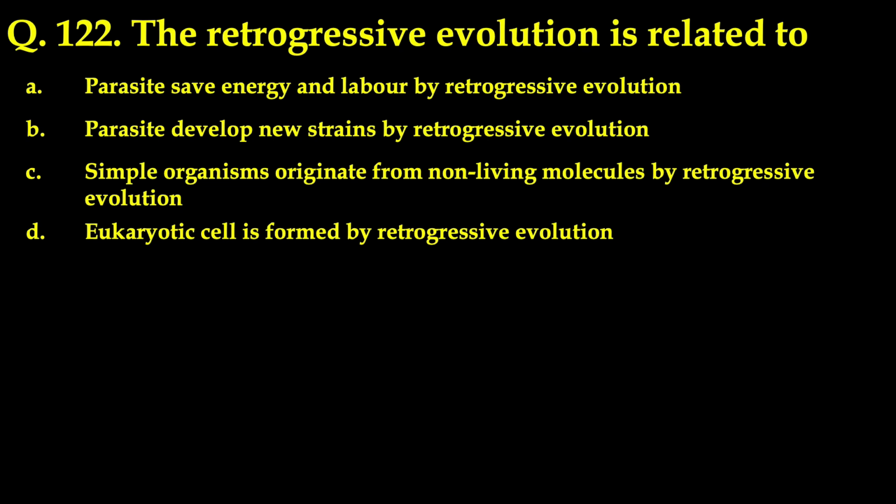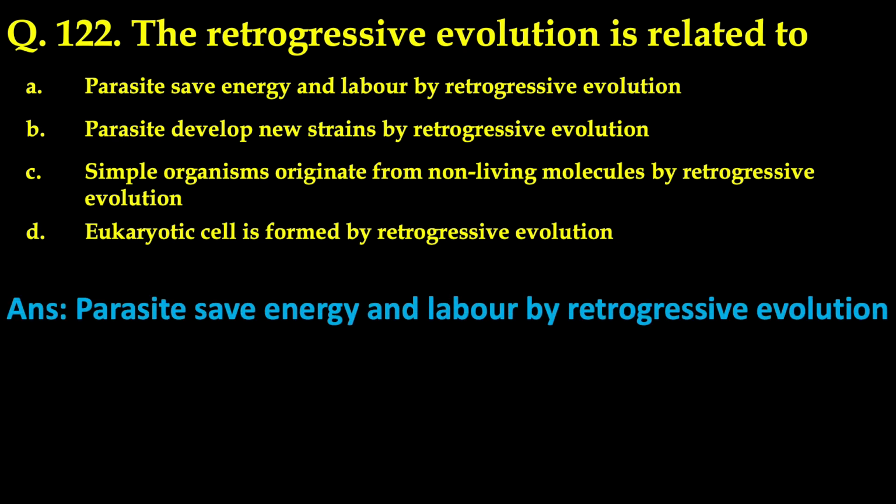The formation of, say, amphibians from fish is an example of progressive evolution, while the formation of flightless bird from flying bird is an example of retrogressive evolution. So here the correct answer is parasites save energy and labor by retrogressive evolution.